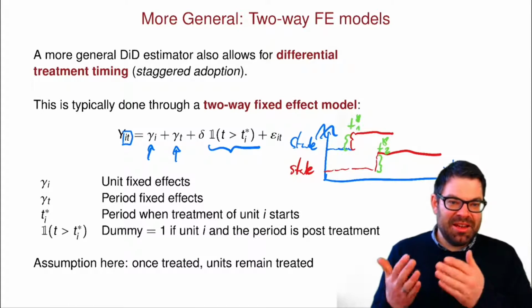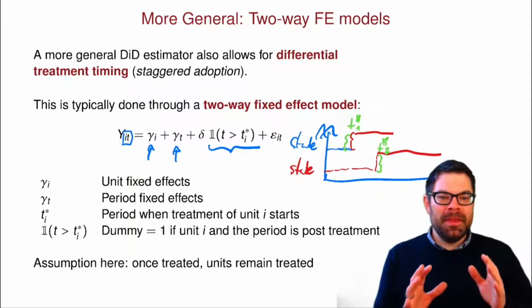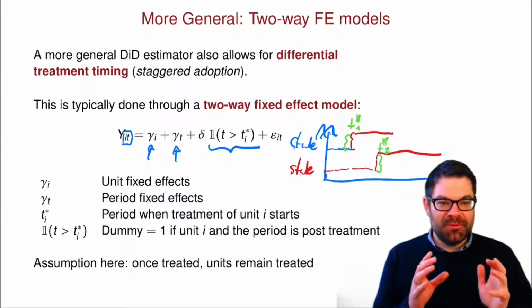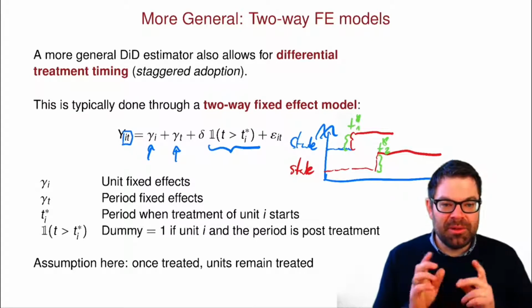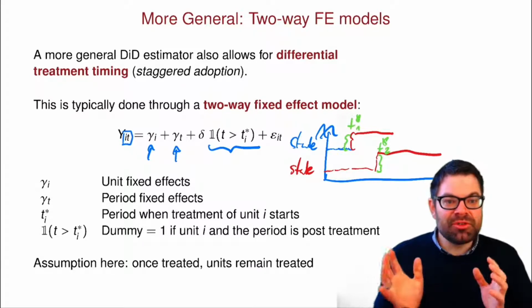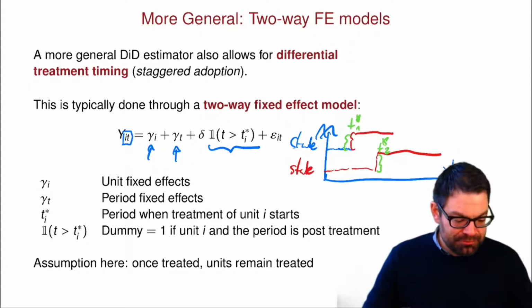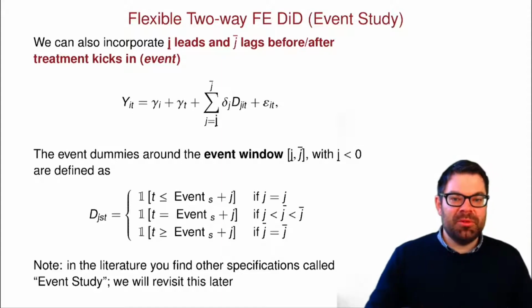They change over time, and if that's the case, you may have to think about what type of difference model you're using. In a later video I will point you to some literature that provides guidance on that. But once someone is treated, we assume that they remain treated.